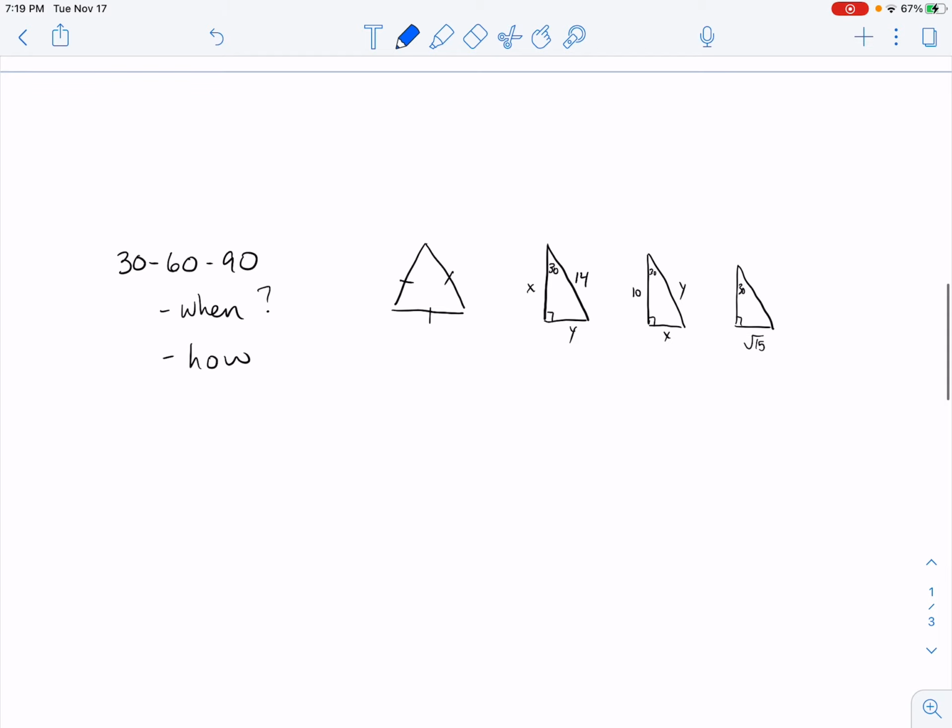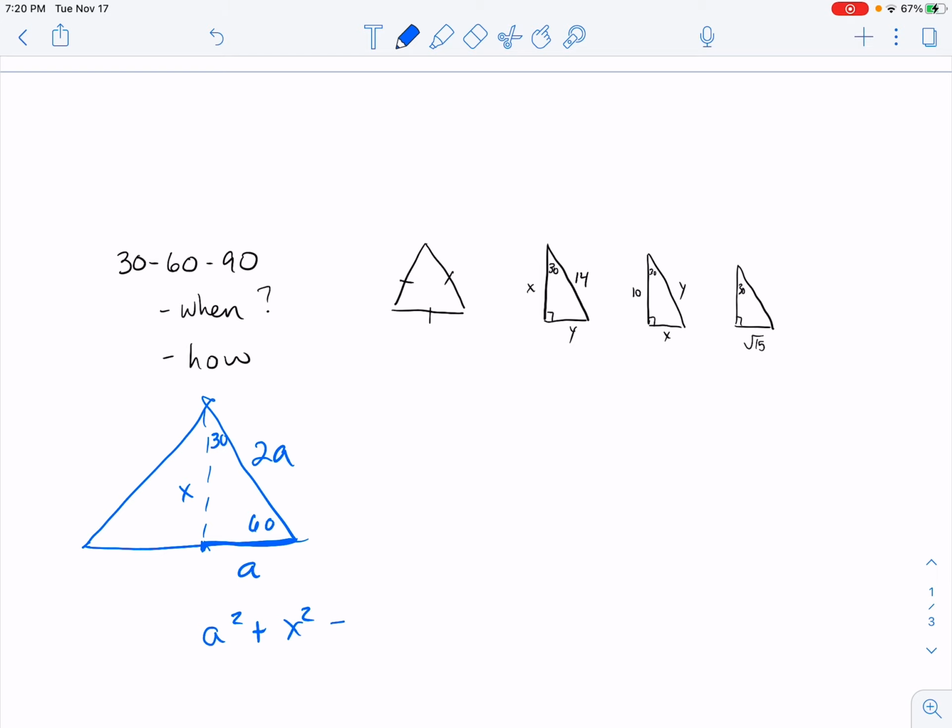30, 60, 90. If you start with an isosceles triangle, and you make this side 2a, and you go like this, I mean, it's an equilateral. This ends up being a 60-degree angle. From here to here is a. This is 30. That's the hypotenuse. So you have a squared plus x squared equals 4a squared.